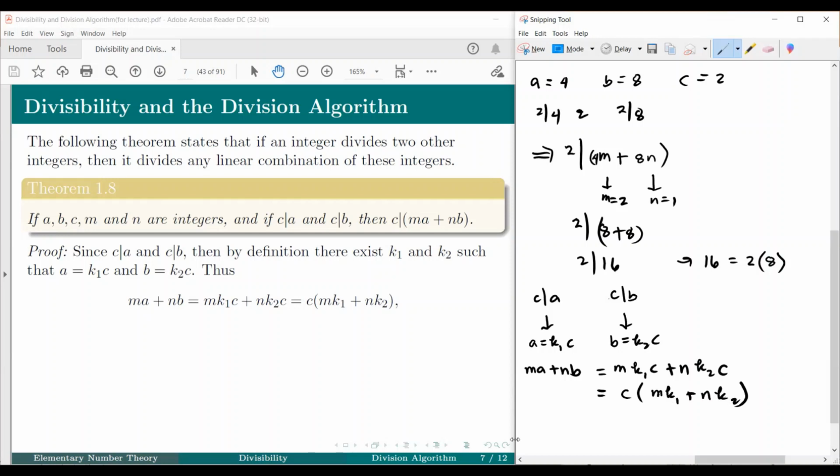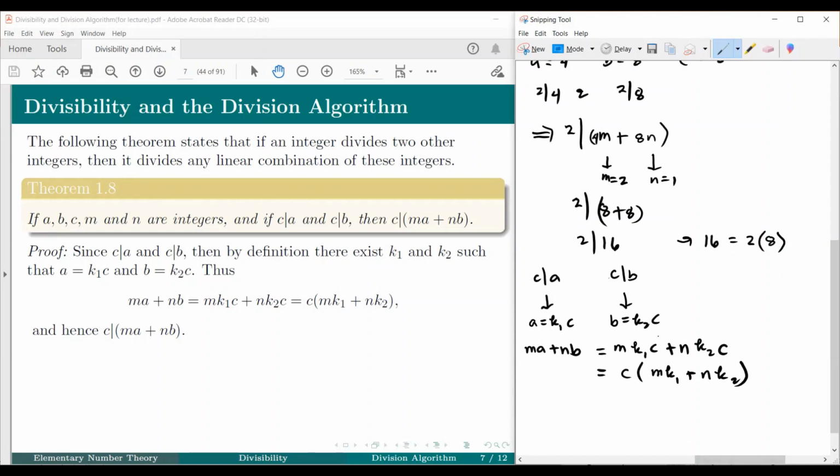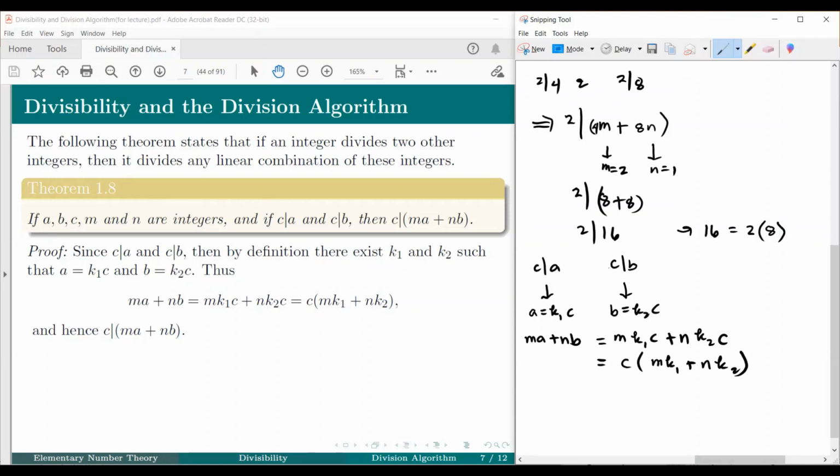Next, we can say that C divides this one. We have written MA plus NB as a product of C and this factor.